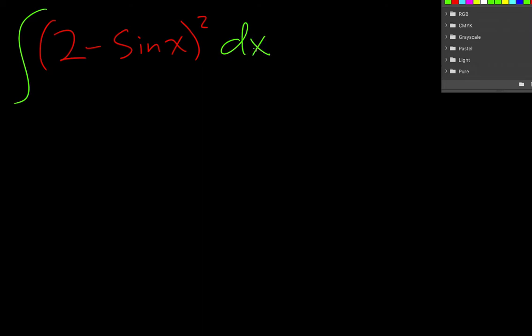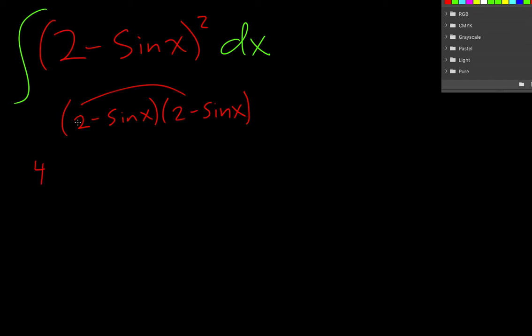So now it says to integrate this thing. So the first thing is put the integration sign and the dx. And what we want to do is before we integrate, we're going to think of it like this. And we're going to distribute.